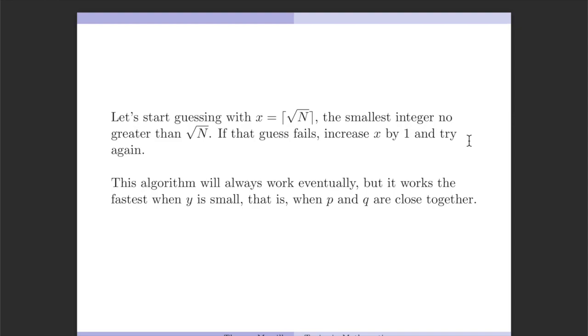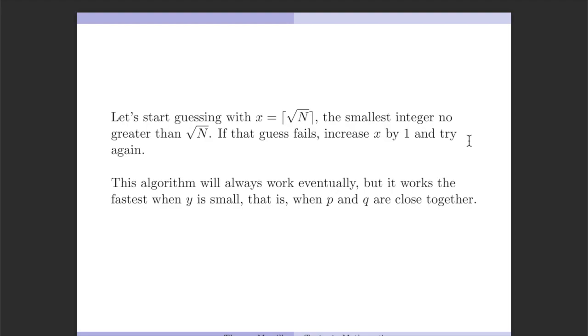So fail, x goes to x plus 1, try again, fail, x goes to x plus 1, try again, fail, and you just keep on going until you find the x that works. In fact, this algorithm will always work, eventually.